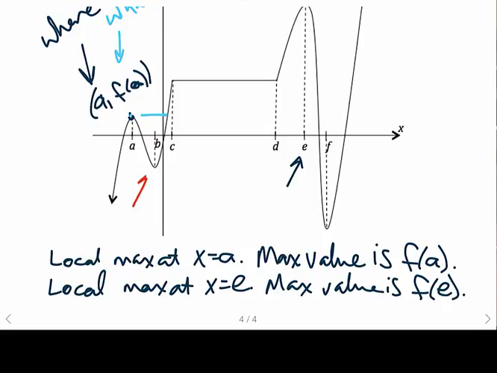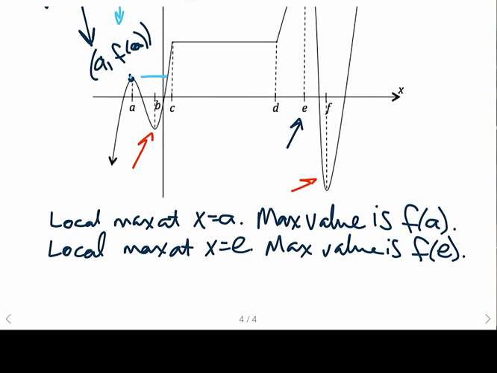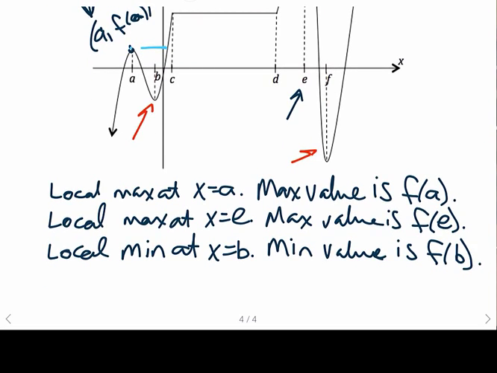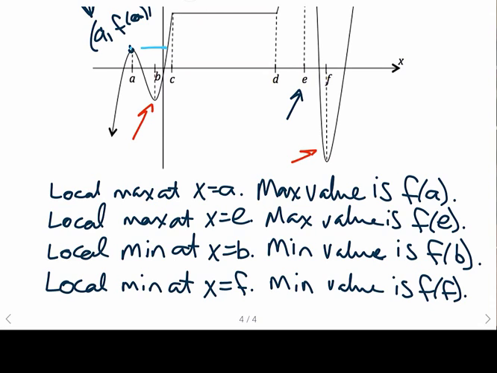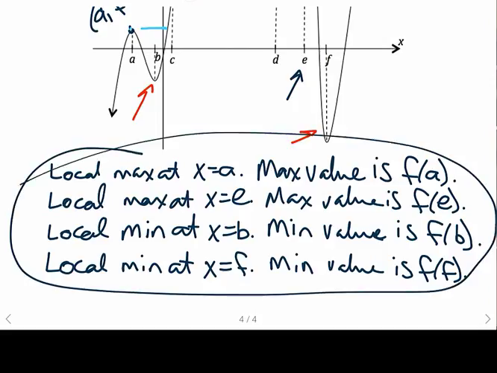Likewise, we have local minima at x equals b and at x equals f, and so we would write statements like there's a local minimum at x equals b, that minimum value is f of b, and finally there's a local minimum at f, that minimum value being f of f. Guess I should have seen that coming when I picked these letters. In any case, identify the local extrema and where they occur. This would be a sufficient answer for that.